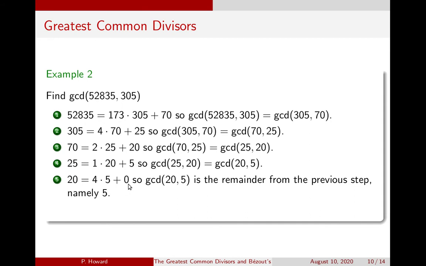So when you get a remainder of 0, using this procedure, you know that the remainder from the previous step is the greatest common divisor. In this case, the greatest common divisor is 5. So, our conclusion, the greatest common divisor of 52,835 and 305 is 5.